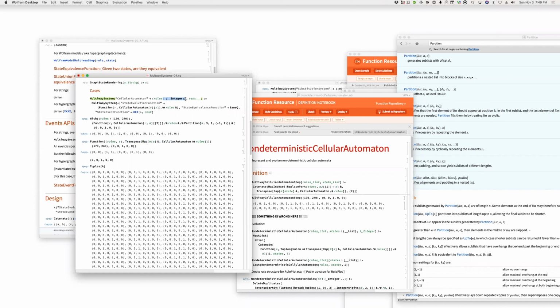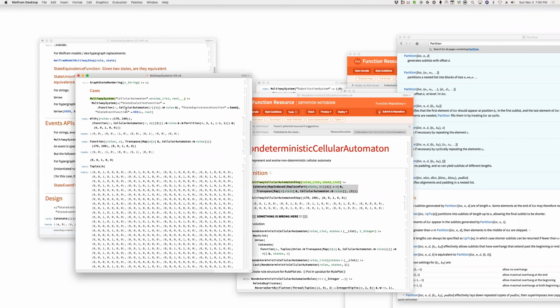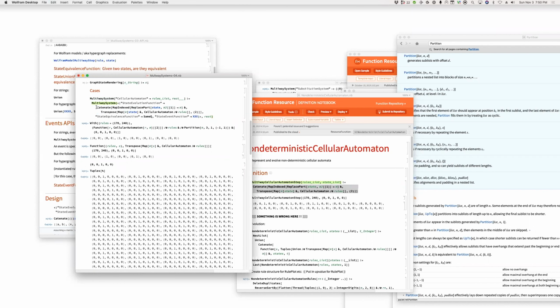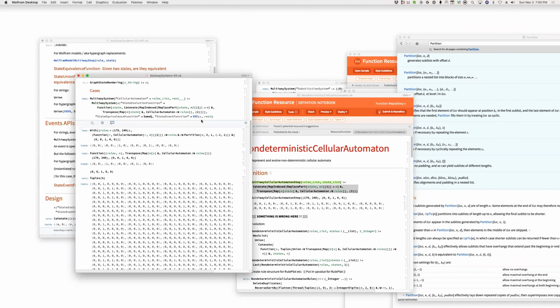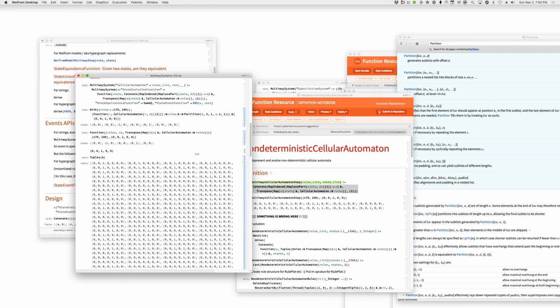All right, so fine. So then the state equivalence function is the same Q thing, right? Mm-hmm.